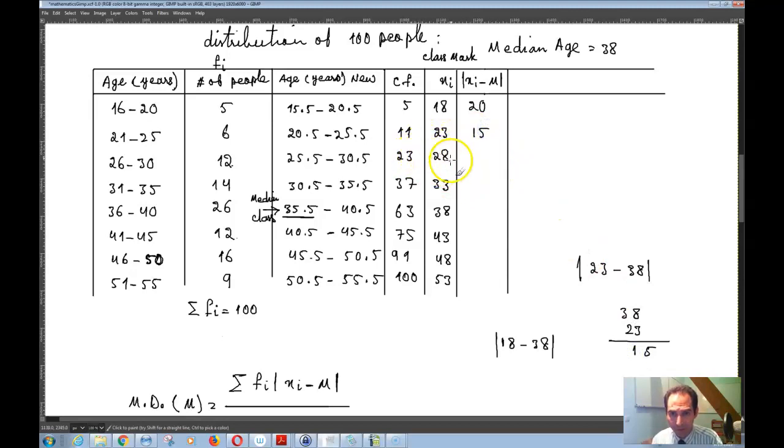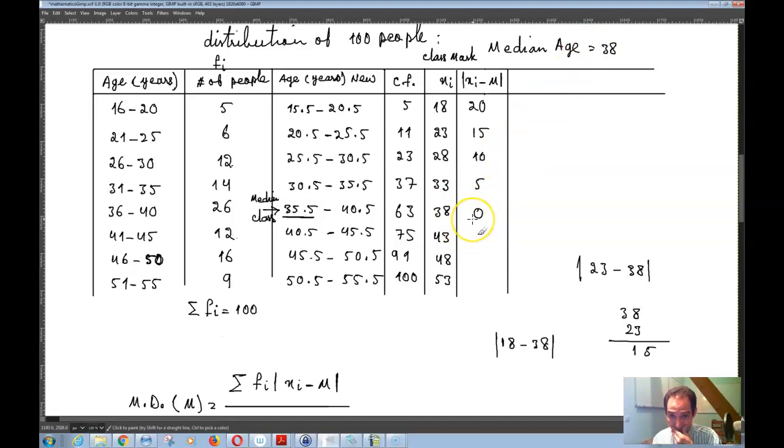Then you have, for example, 28 minus 38, which is basically 10. 20, 15, 10. 33 minus 38 is equal to 5. 38 minus 38 is equal to 0.